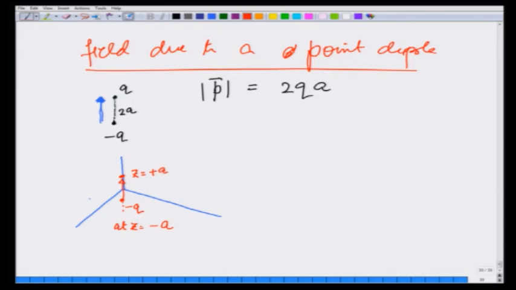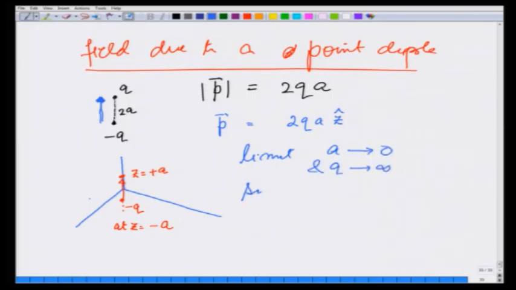And I can write the dipole moment P of this to be equal to 2 q a in the z direction. To make it a point dipole, finally, what we are going to do is take limit a going to 0 and q going to infinity, such that the product q a remains finite and is equal to some p value. That makes it a point dipole.